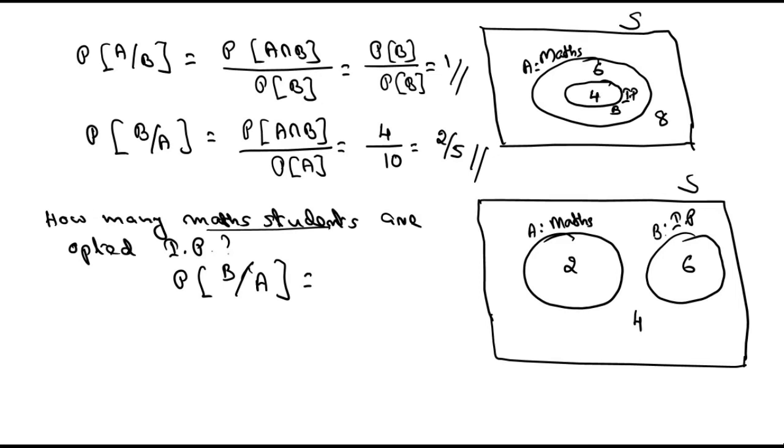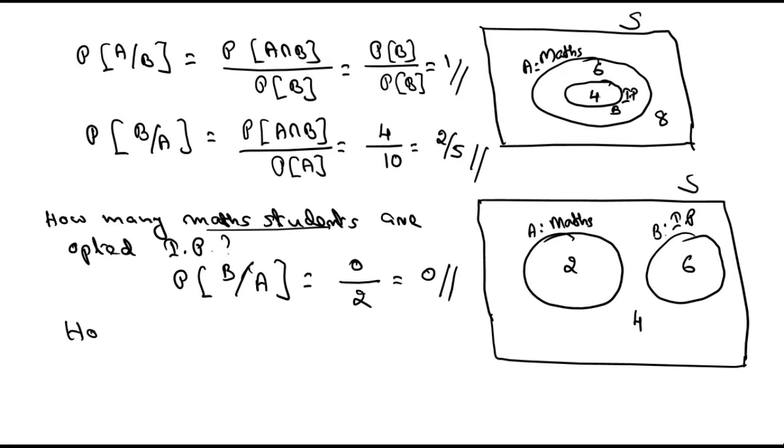How many maths students opted IP? There were 2 maths students, and no students opted IP because it's mutually exclusive, so it is 0 by 2, which is 0.